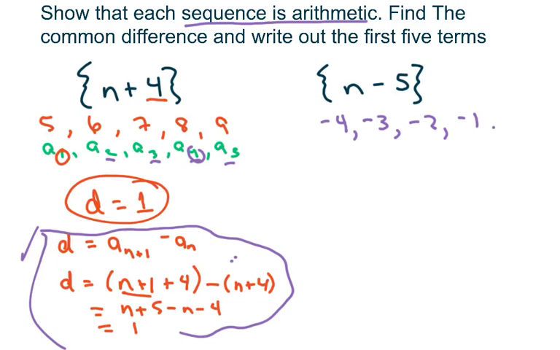And we have to write out 5 terms, so the last one would be 0. Alright. And the common difference is actually positive 1, because you're adding 1 to each one of those, okay? So the common difference is plus 1.